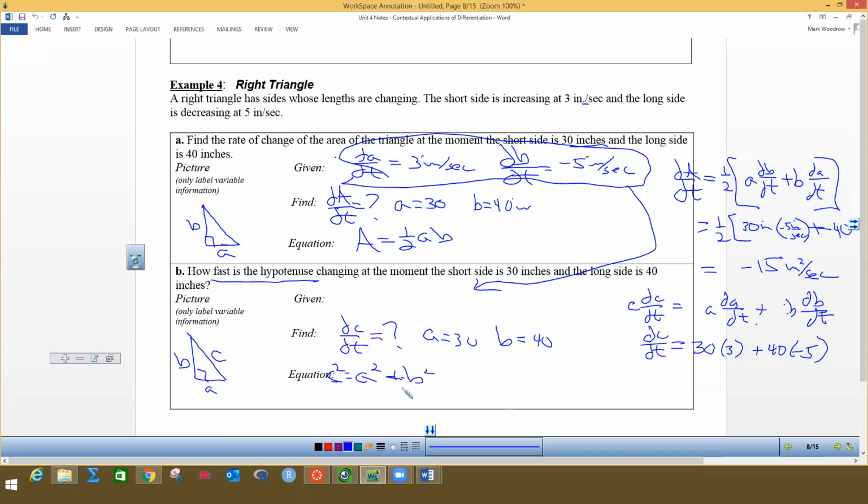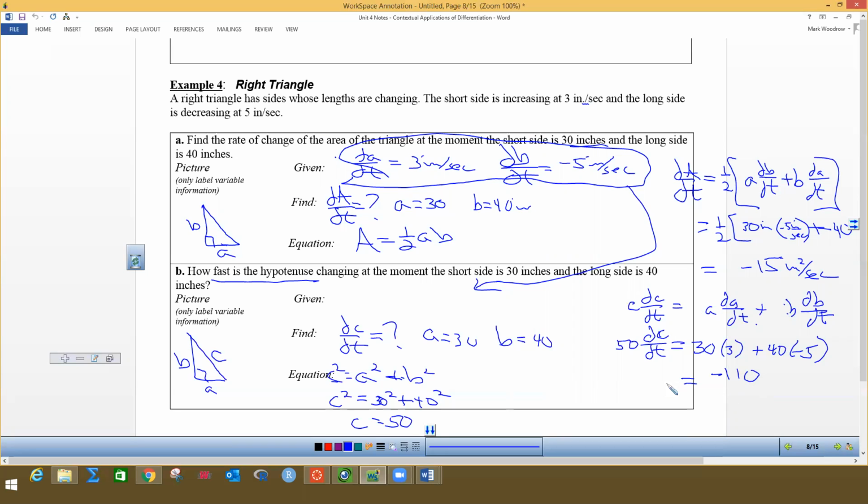So we actually use Pythagorean theorem here. So c squared, we want to know that when this is 30 and when this is 40. And when you do Pythagorean theorem, you're going to get c is 50 inches. So we get to stick 50 in for this. And so we're going to now solve for this thing. So let's see, this is 90 minus 200. I believe that's -110, if I'm not mistaken.